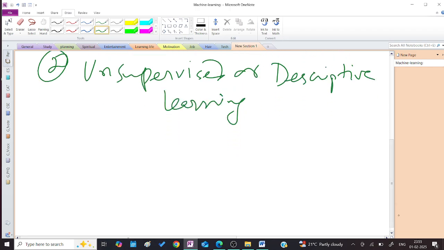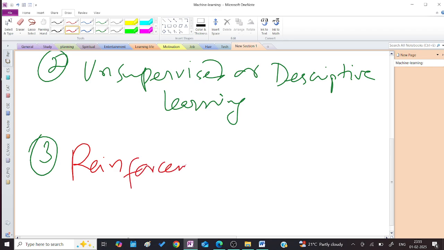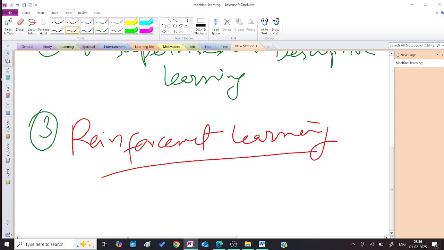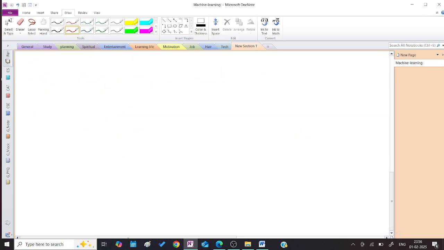And finally, it can be reinforcement learning. So what is supervised learning?